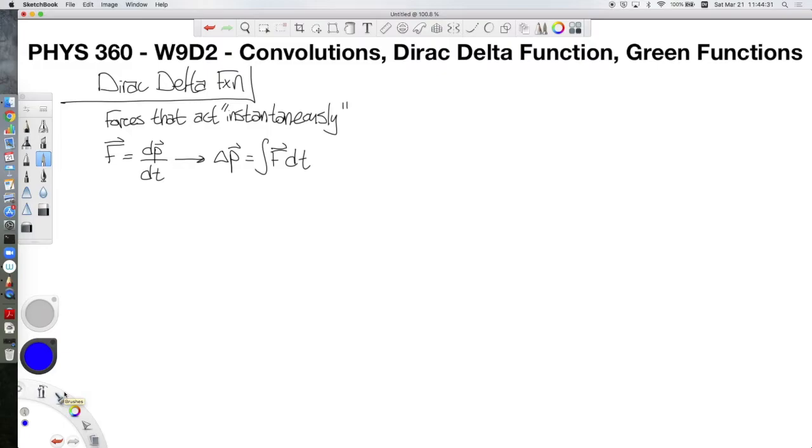Well, there are a couple things that need to be true if we want this force to act instantaneously. If we want an instantaneous force, or an instantaneous impulse, that means F can only be non-zero at a single point.